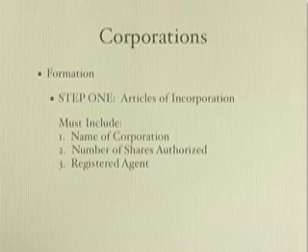Okay, so we've got our articles of incorporation. We're including our name, we're including the number of shares, and third, we're going to name a registered agent. All right. Just really quickly, a registered agent, I think we've talked about this in the context of some other business forms, but I'll just mention it again.